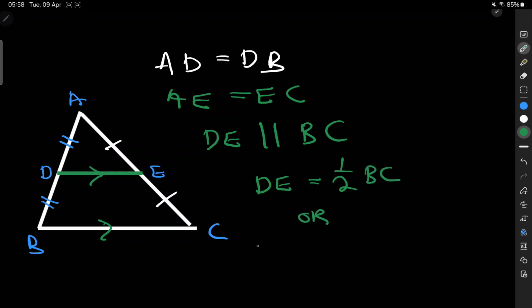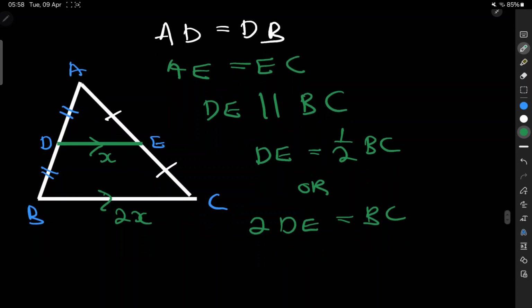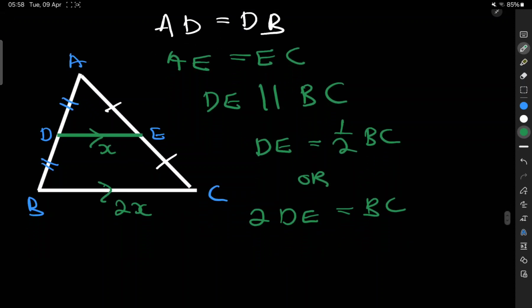Or you could say that 2 times DE is equal to BC. So if DE was X, then BC would be 2X.